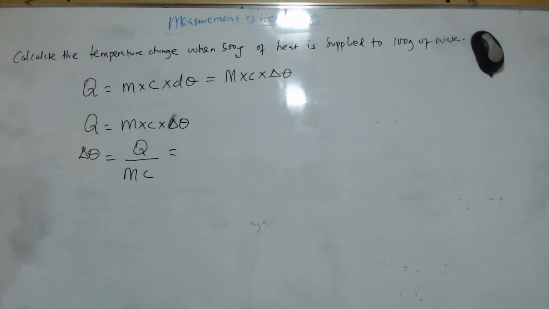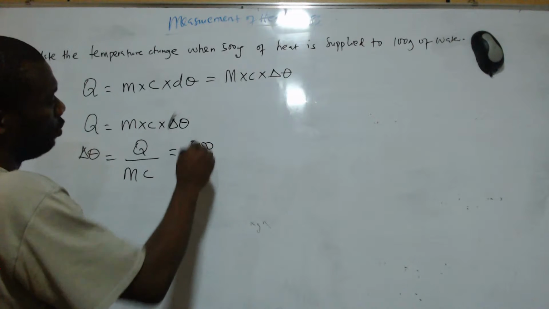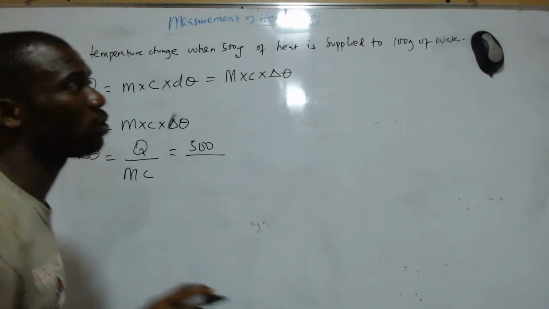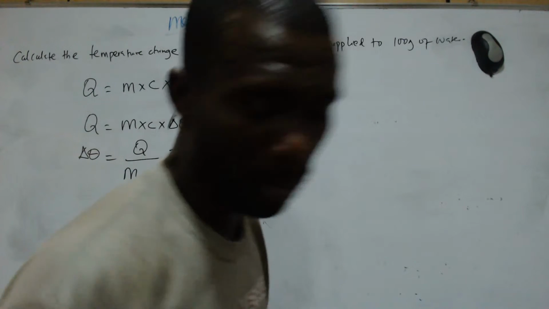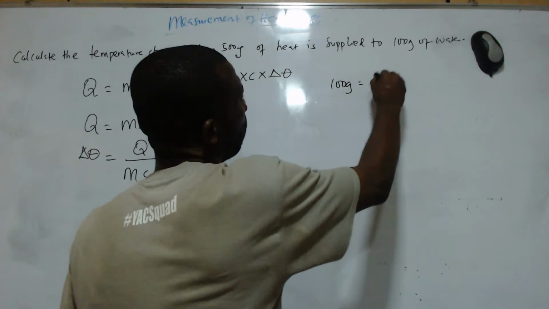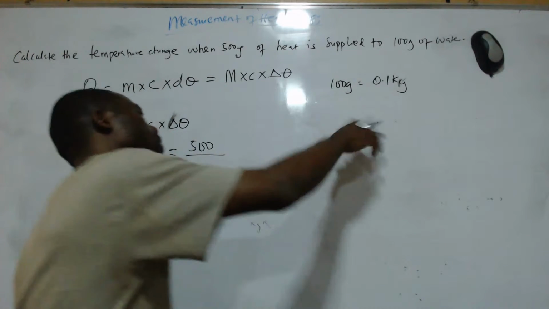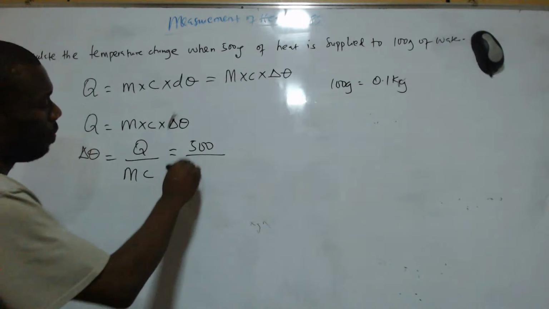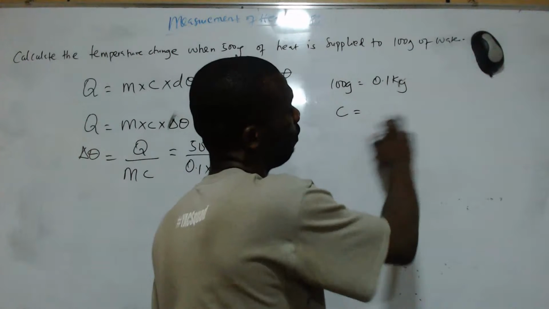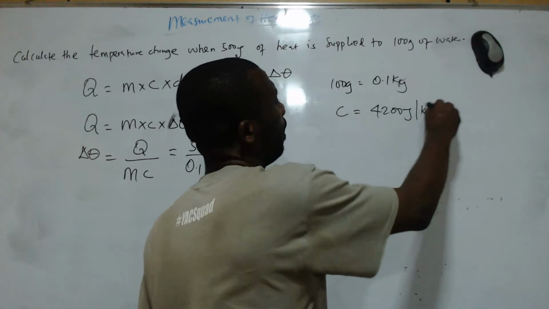Now our quantity of heat was this 500 joules, all over our mass. We needed to convert the mass first. Our mass was 100 grams, which is the same thing as 0.1 kg because we divide by 1,000 to convert it. So we have 0.1 multiplied by C, the specific heat capacity of water, which is 4200 joule per kilogram per Kelvin.